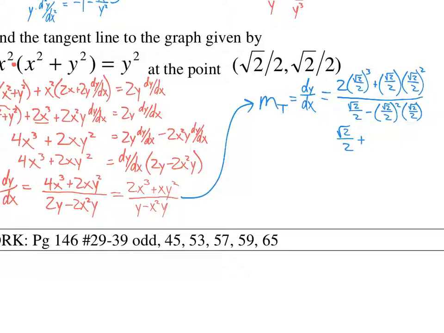That's going to be 2/4 or 1/2, so that's going to be root 2 over 4. Okay, so there's my numerator. The denominator is root 2 over 2 minus, well, that's the same thing as what we had over here, so that must be root 2 over 4 as well. Okay?